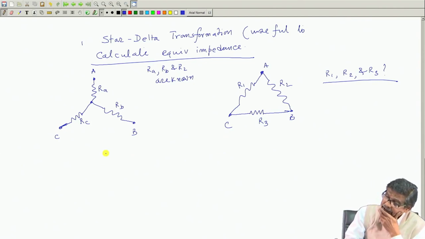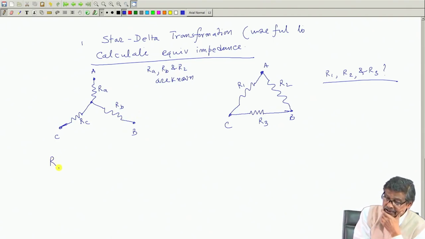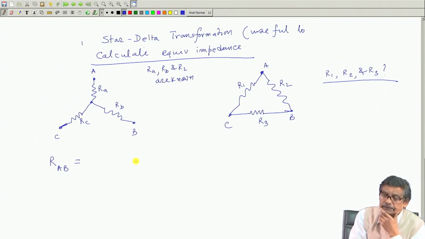If these 2 networks have to provide the same equivalent impedance, suppose between points A and B only, what is the equivalent resistance of this network? At the point C, I have not connected anything.